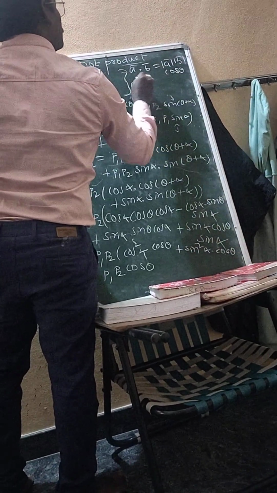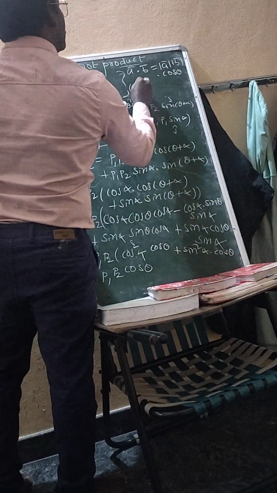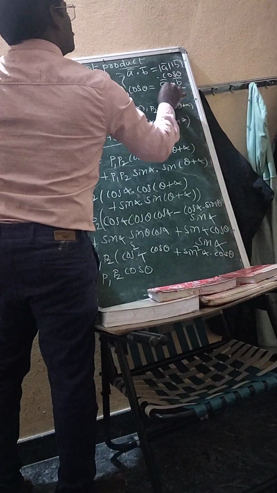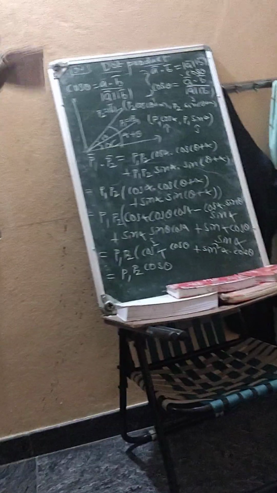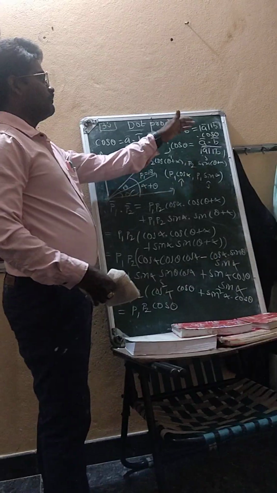Finally, to prove this, the multiplication is shifted to the left hand side, divide by magnitude of A bar, magnitude of B bar. And this is the proof of cos theta equal to A bar dot B bar by magnitude of A bar into magnitude of B bar.